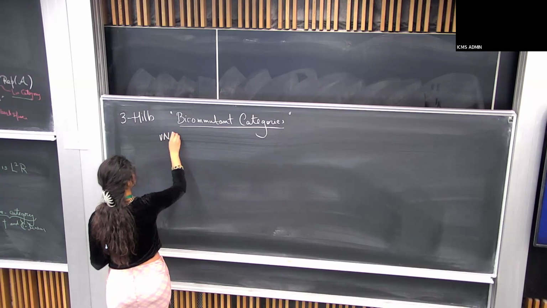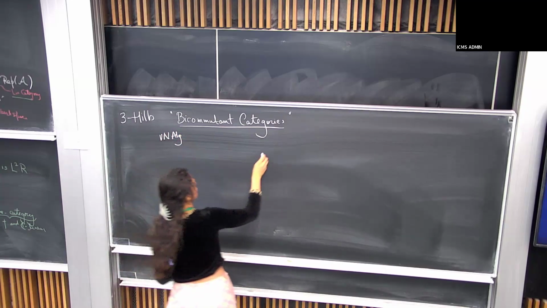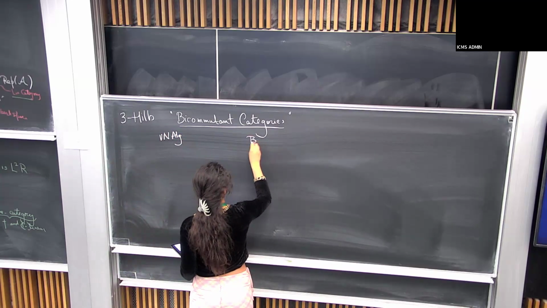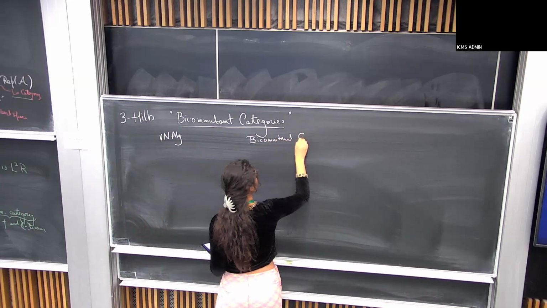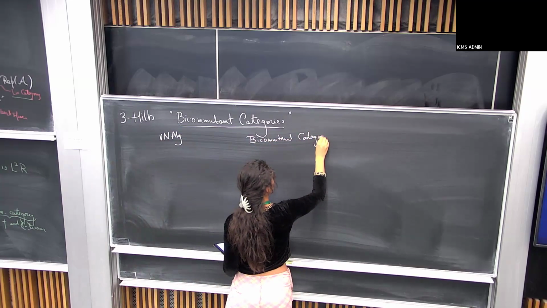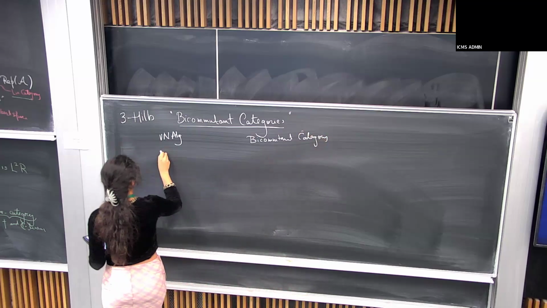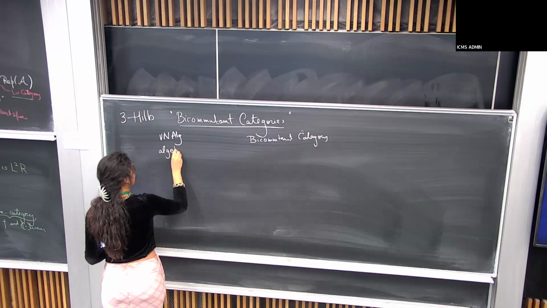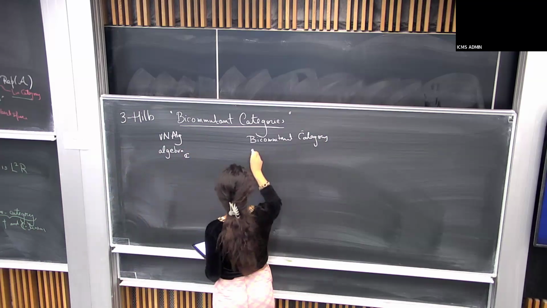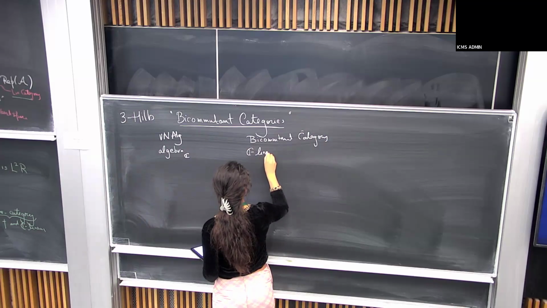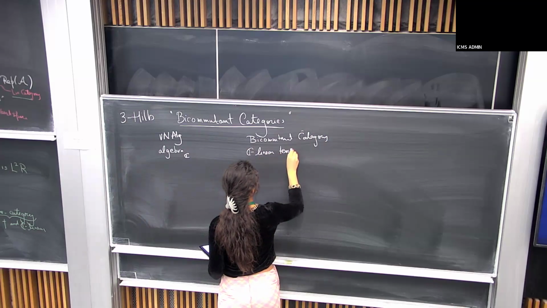So von Neumann algebras and bicommutant categories. It's an algebra which is C-linear, and this will be a C-linear tensor category.